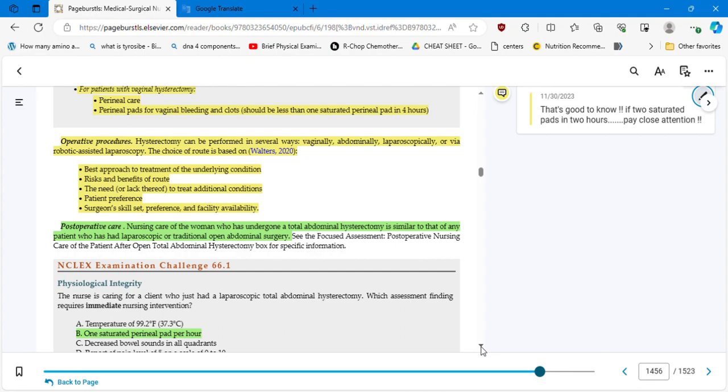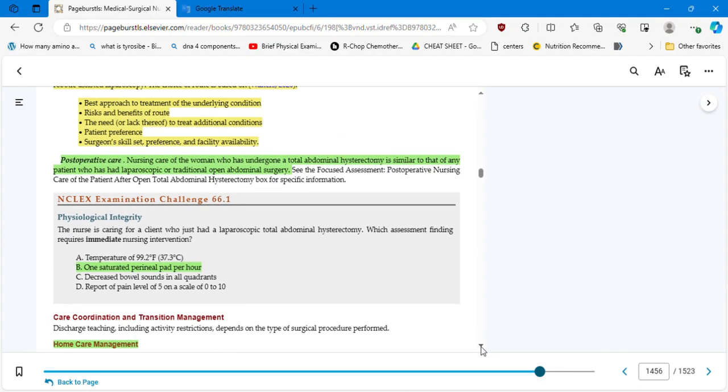Okay. Post-operative care. Nursing care of the woman who has undergone a total abdominal hysterectomy is similar to that of any patient who has had laparoscopic or traditional open abdominal surgery. So the nursing care is the same.